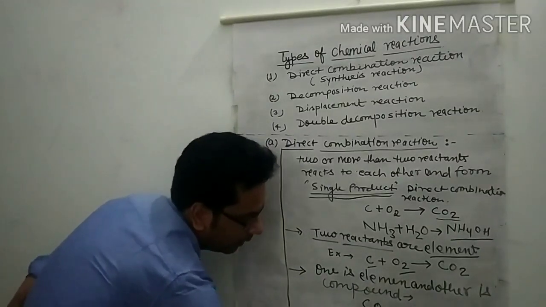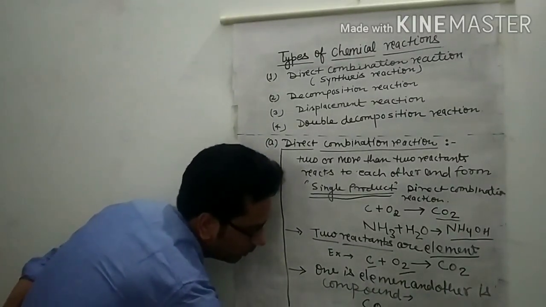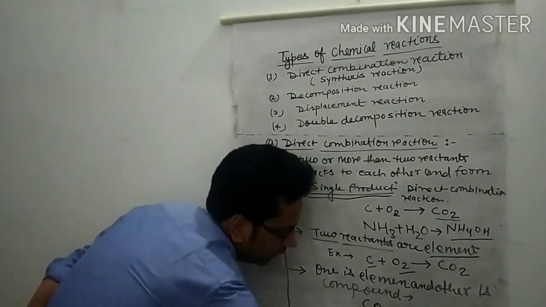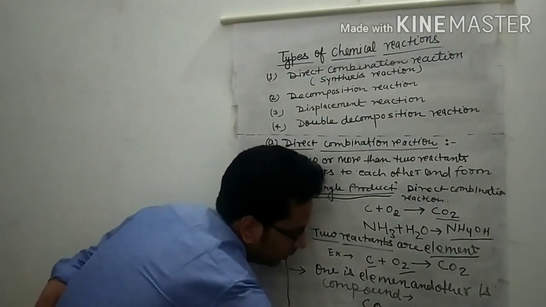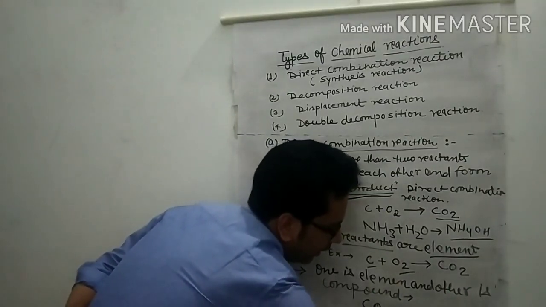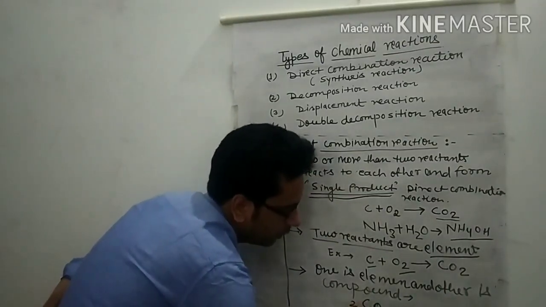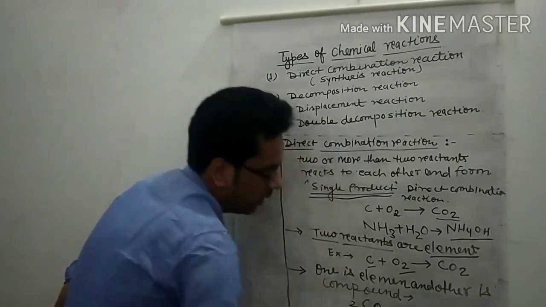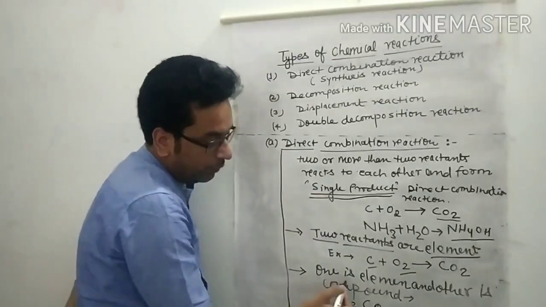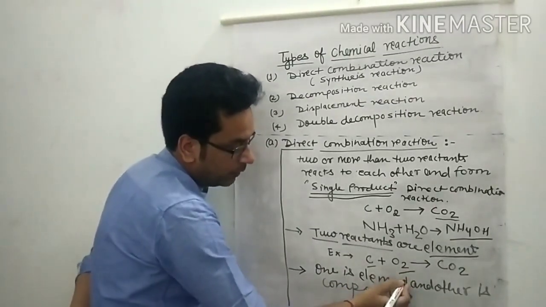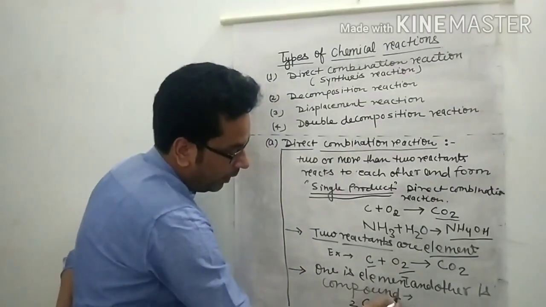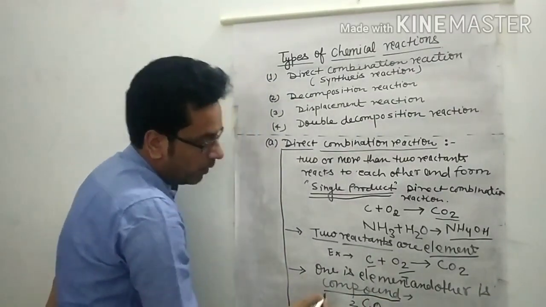This one is the compound and this one is the element, and there is formation of, once again, carbon dioxide. So the second category is when one is an element and the other is a compound.